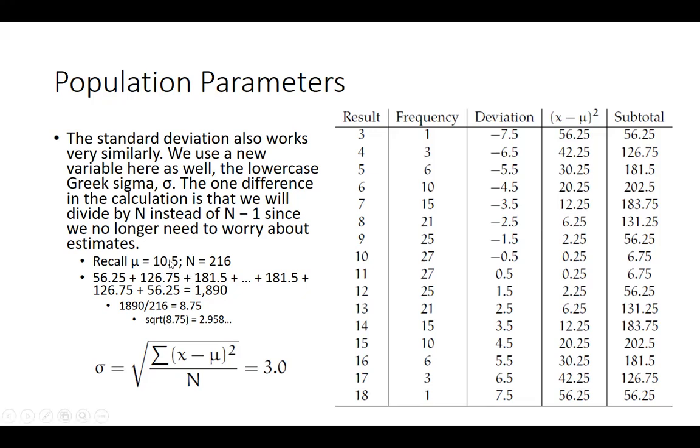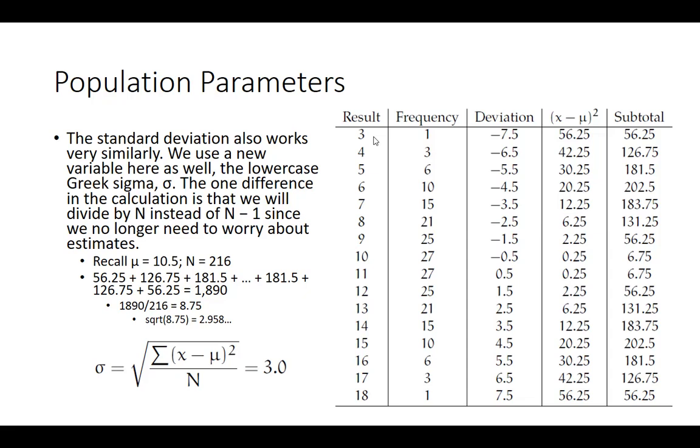So recall, our mean, mu, was 10.5. Our n, the number of things we have, if we add up all of the frequencies, is 216. So we make our columns. Now here we are all but forced to use the frequency version of the table.